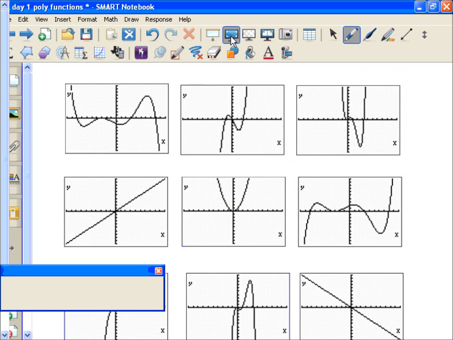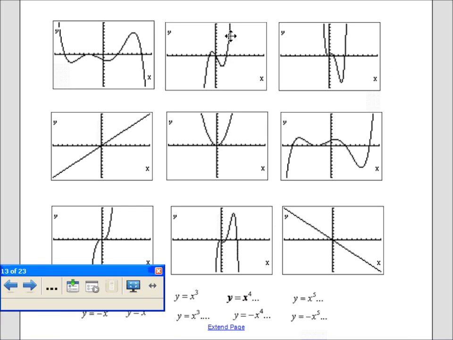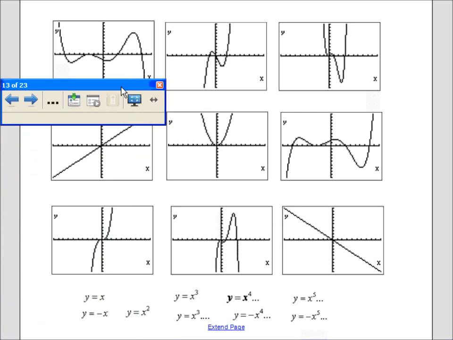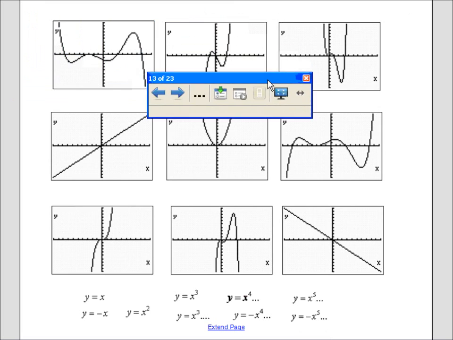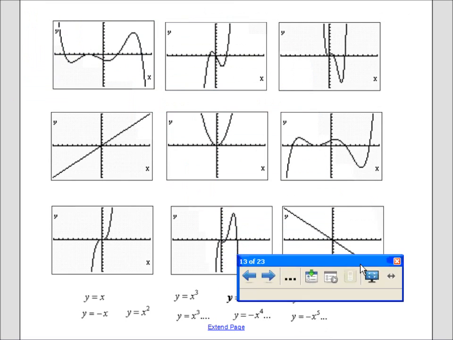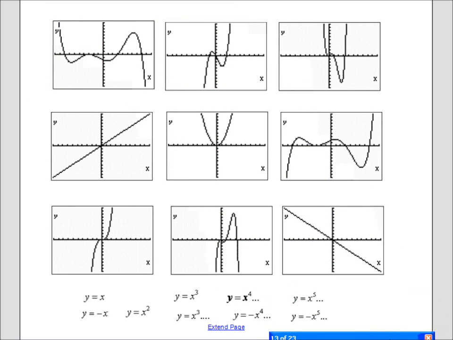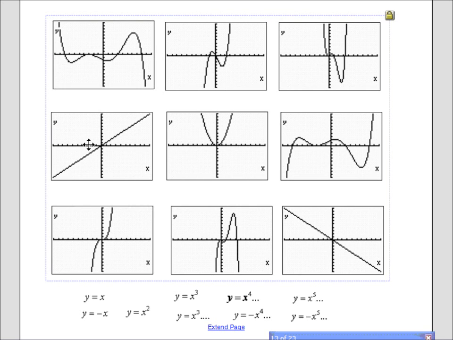So, let's talk a little bit about what we would do here. Can we figure out which one of these graphs goes where? So let's start with the ones we know. That's a straight line, and it's going up, so we would say that's going to be y equals x.